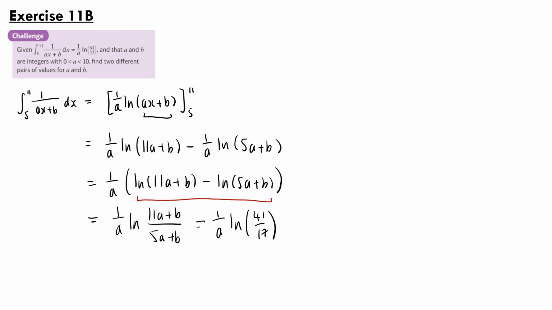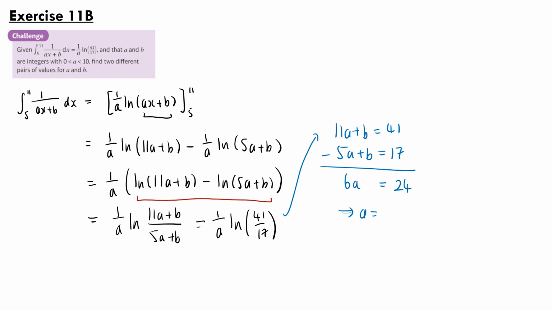So from that we get that 11a plus b is equal to 41 and 5a plus b is equal to 17. Now, taking away these two equations, we're left with 6a, the b's cancel, is equal to 41 take away 17, which is 24. So a is equal to 4.